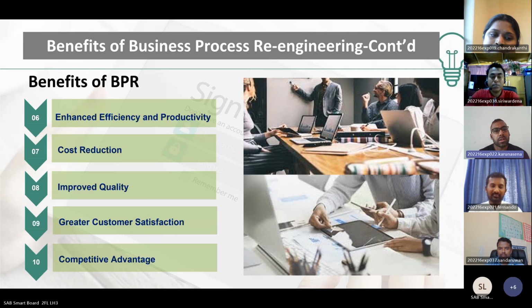Eighth point is improved quality of product and services. BPR can enhance the quality of products and services. It will ensure better outcomes for the customer.